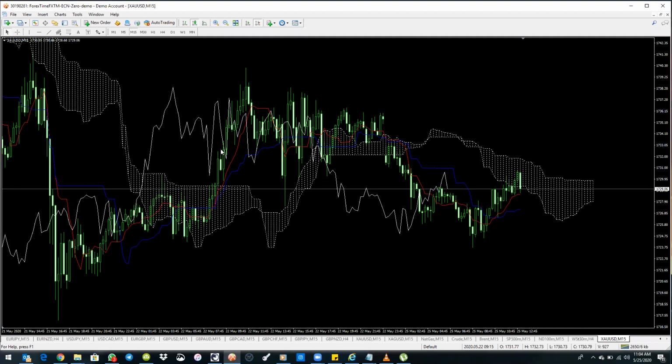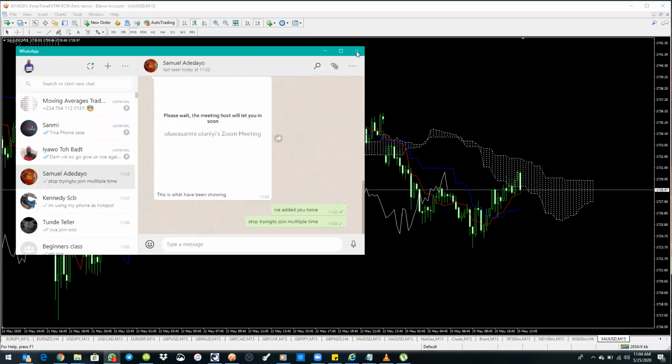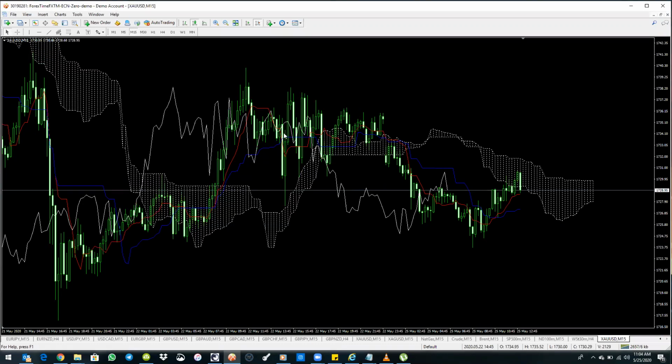So we have looked at MACD, we have looked at ADX, we have looked at stochastic, those three indicators. Now we're looking at Ichimoku, and I mentioned that the reason I stopped using Ichimoku is not because of its efficacy, but because it is very messy.